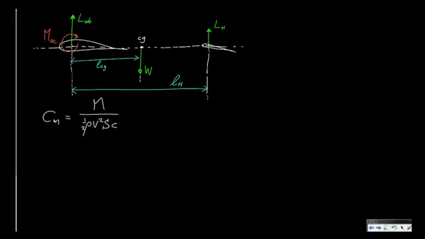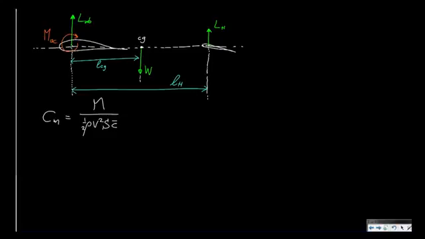Sometimes I write a little line above it because it's the average chord, but often I leave it out as well. I just write the C of chord. We have to remember it's the average chord. It's basically the wing area divided by the span. That gives you the average chord. So by dividing the moment by half rho v squared SC, we get the moment coefficient.